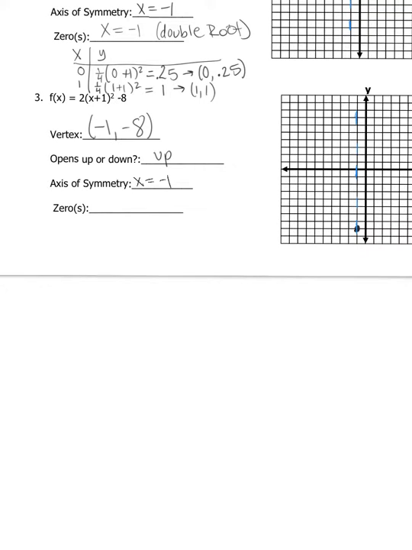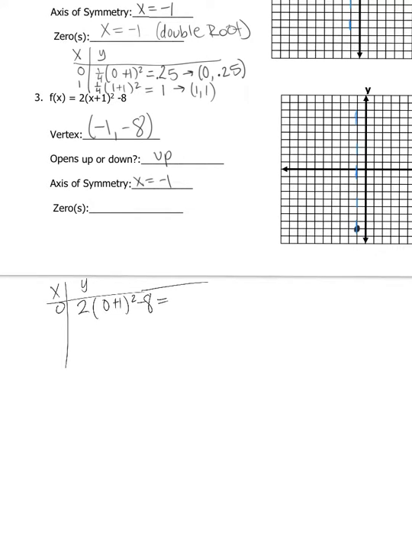Now let's go ahead and plug in some values and see where this graph leads us. Right now we're at the x value, x equals -1. So let's see when we plug in, say, 0 and 1, to see where this parabola goes as he goes off to the right. If I take my x and I plug in, say, 0, that means I'm going to have 2 times 0 plus 1 quantity squared minus 8 for my y.